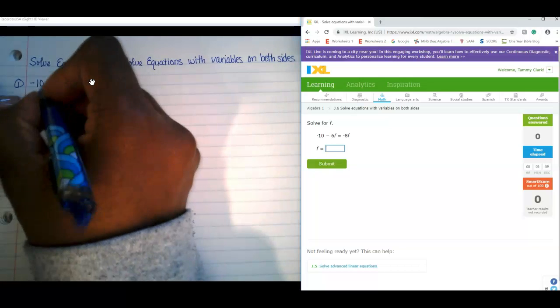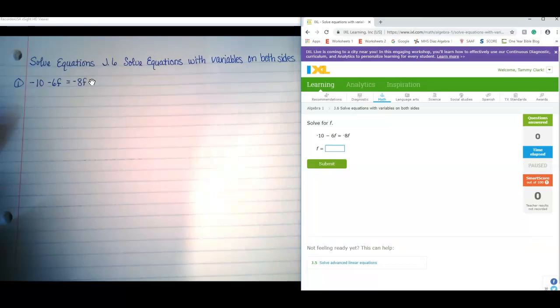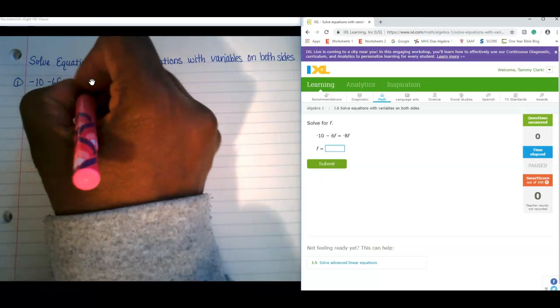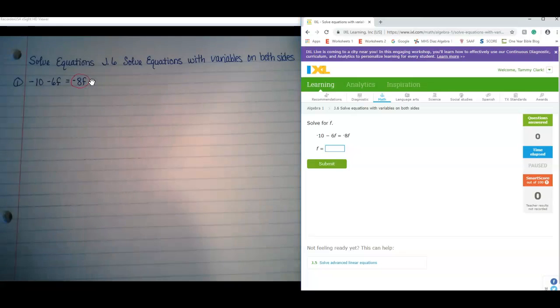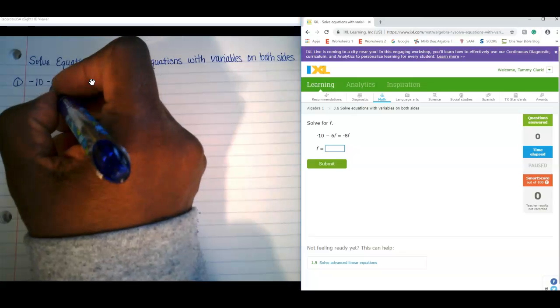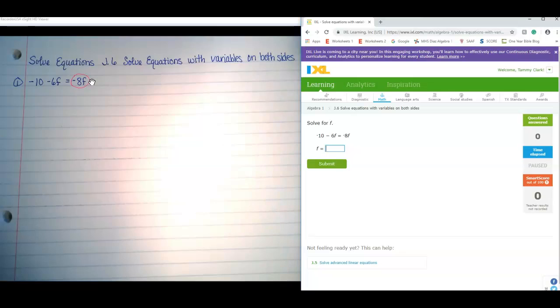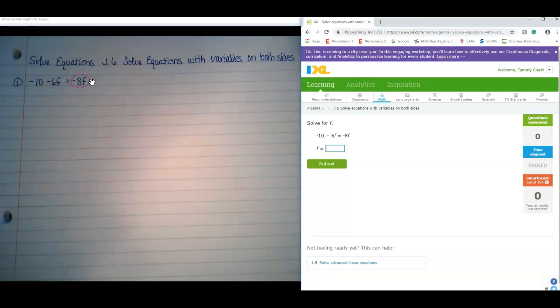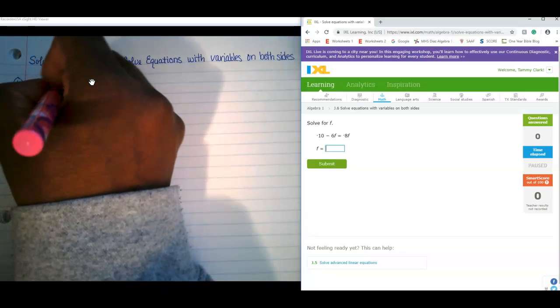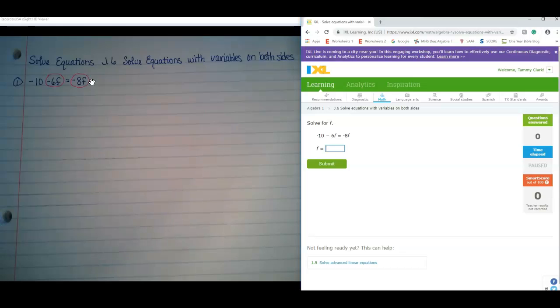Since I have a variable over on the right side, I'm going to move my 6f over to this variable. So I'm going to move, by applying opposite operations, the 6f.